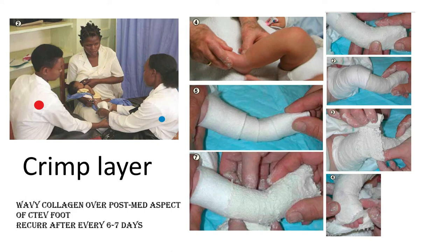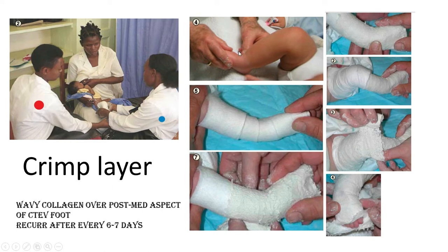To prevent this complication, what we have to do is hold the foot in reduced position, do the plaster in reduced position, then wait for plaster hardening in reduced position. Don't put the plaster in unreduced position and then reduce.